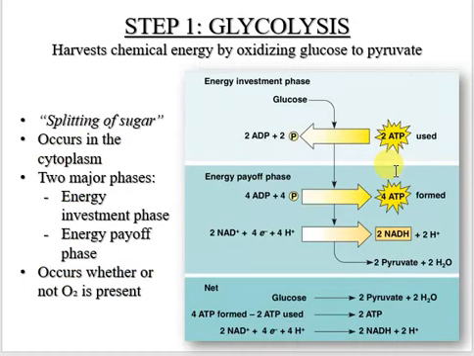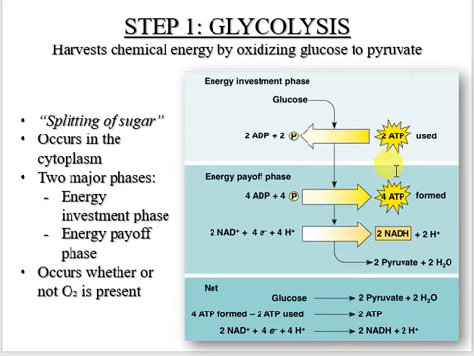So we'll start with the first stage of cellular respiration, which is glycolysis. Glycolysis will occur in the cytoplasm or the cytosol for both eukaryotes and prokaryotes. Now, this process converts 1 6-carbon glucose into 2 molecules of pyruvate.